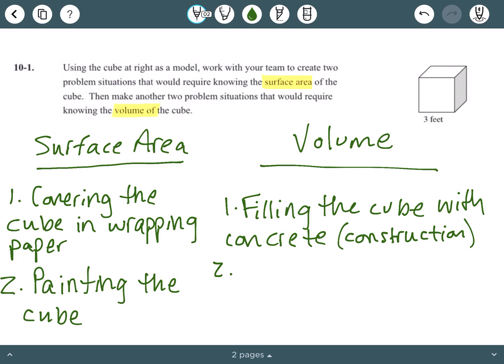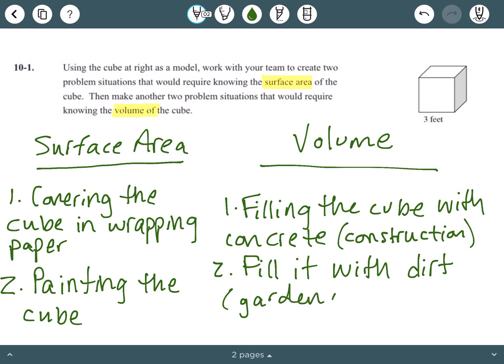I'm going to say, let's fill it with dirt. And we'll just say for gardening purposes. 3 feet's a lot though, 3 feet tall or 3 feet deep for a garden. But you get the picture here.